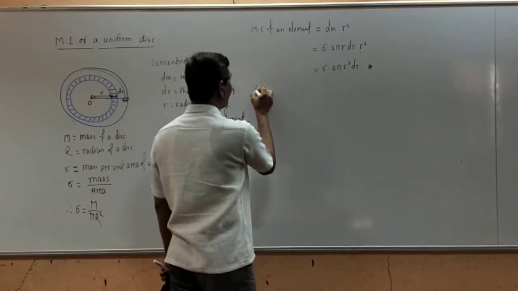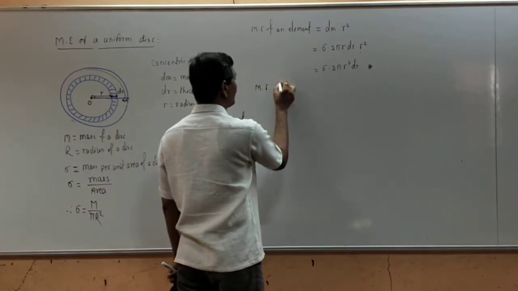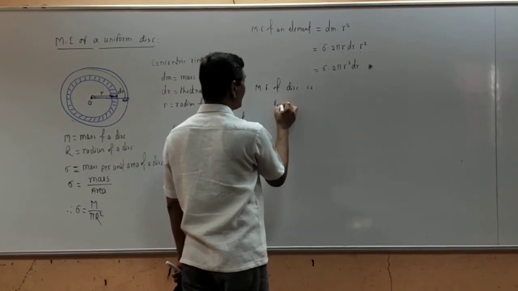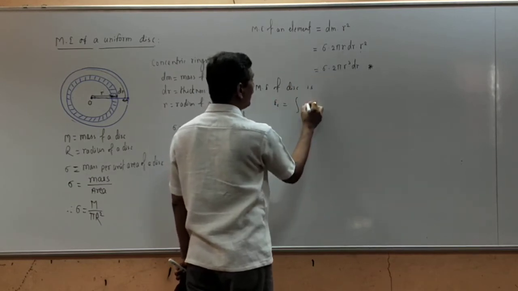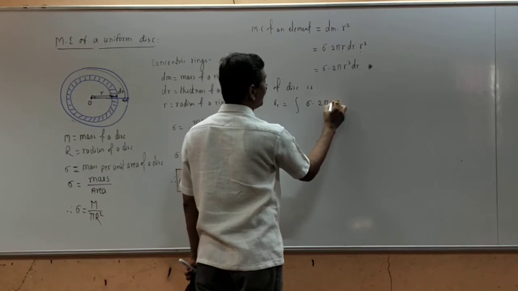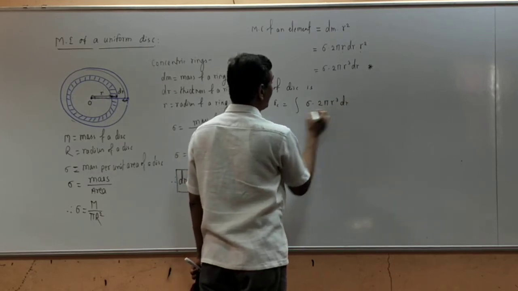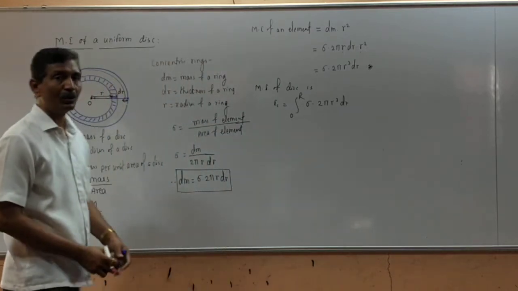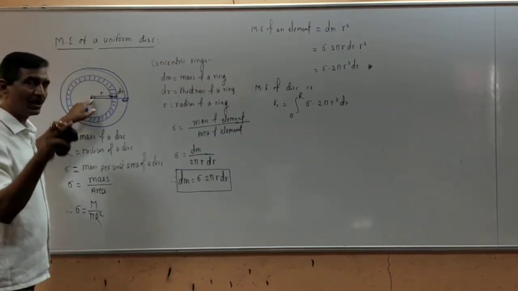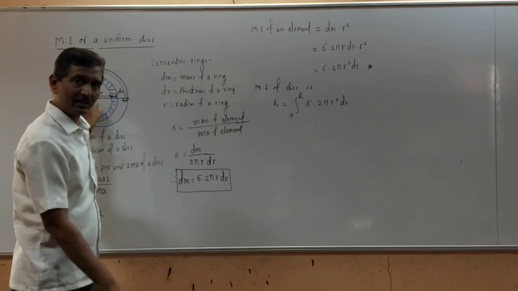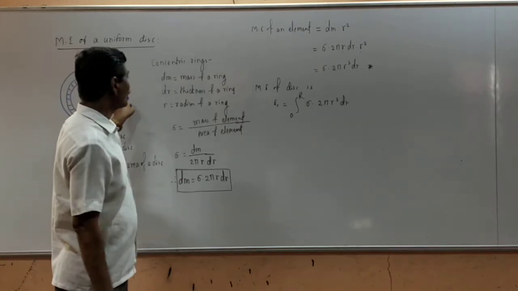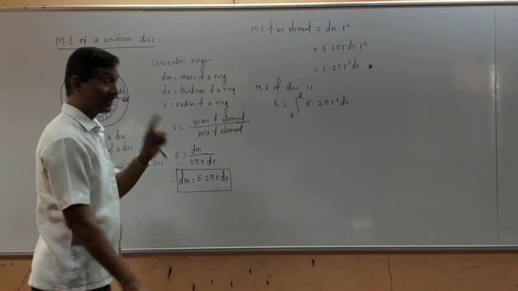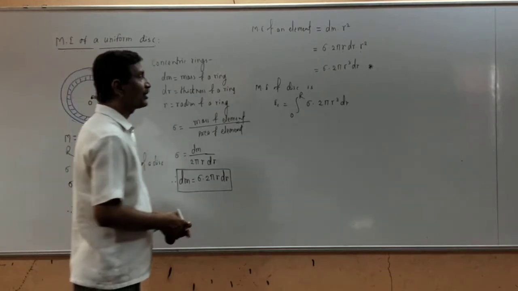So the moment of inertia of a disk is the integration of sigma into 2 pi r cube into dr, with limits from 0 to capital R. Why is the lower limit 0? The innermost ring is in contact with the center, so its distance is 0, while the outermost ring is at a distance capital R from the center. For that we neglect the thickness of the outermost ring.